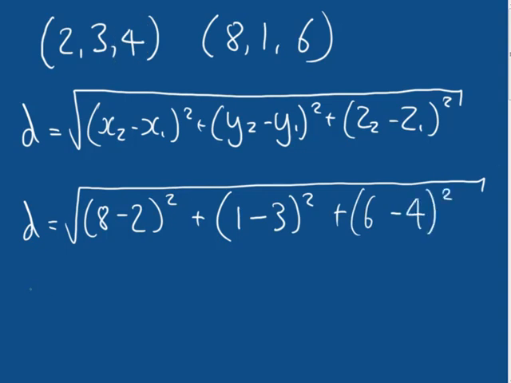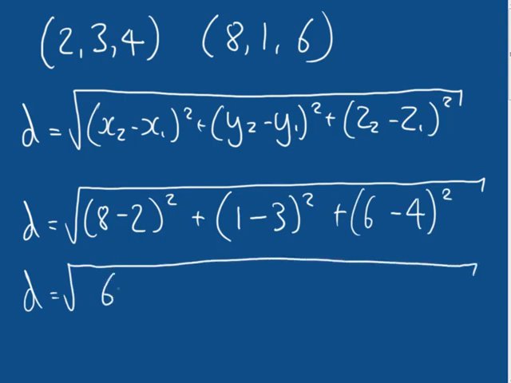So if we now work this out, d is equal to 8 minus 2 is 6, so 6 squared, plus 1 minus 3 is minus 2, so minus 2 squared, plus 6 minus 4 is 2, so 2 squared.